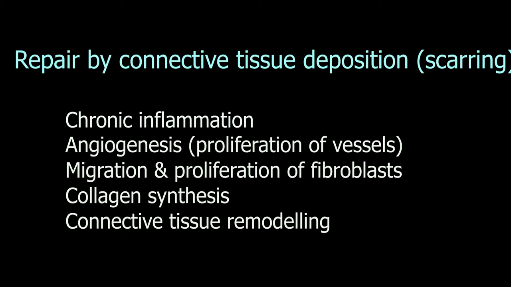Usually there's initially chronic inflammation, so a big mononuclear, particularly lymphocyte infiltration. You then get a proliferation of blood vessels, angiogenesis, in order to provide nutrients and oxygen and allow cells to migrate into the area. Then you get a proliferation of fibroblasts.